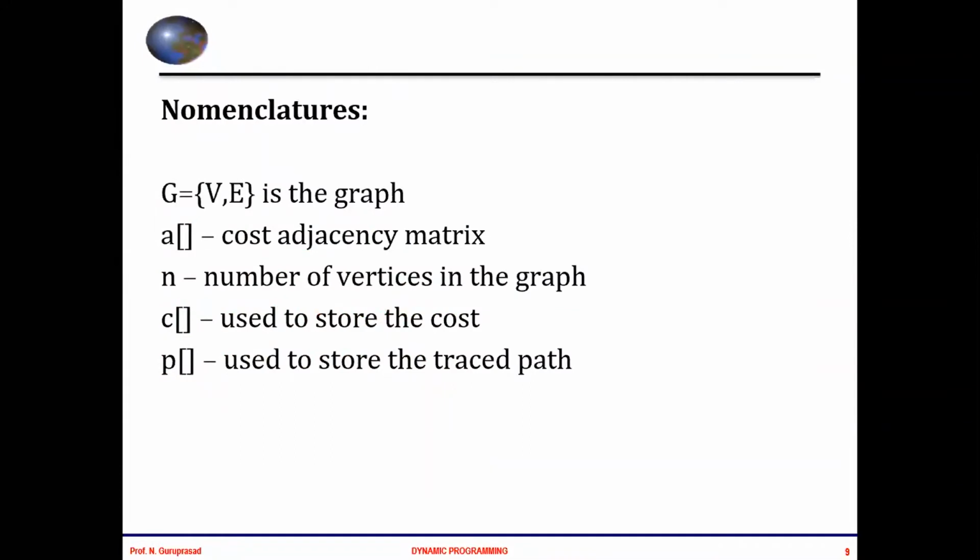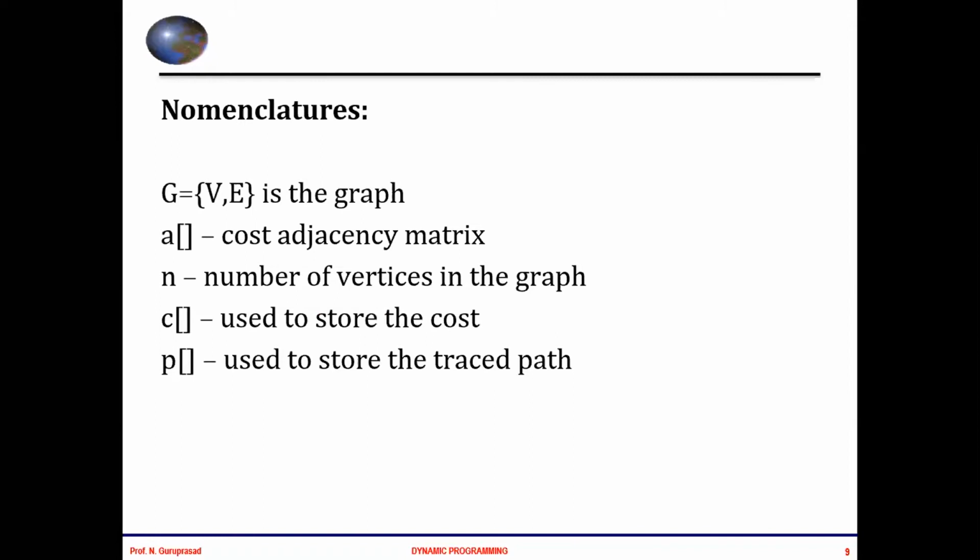So these are the nomenclatures which we are going to use, so please make a note of it, all of you. G is the graph, whose terminology and data structure representation you are already aware of. A is the cost adjacency matrix. N is the number of vertices in the graph.